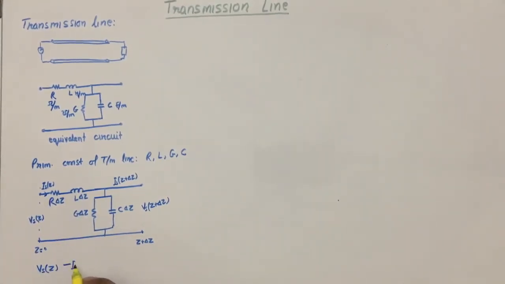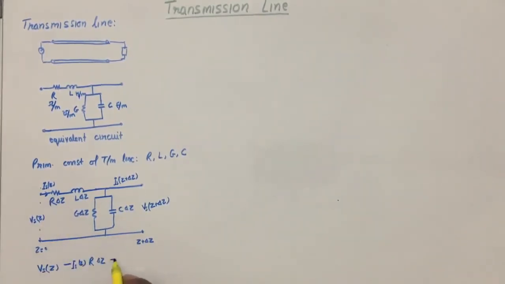So it will be minus Is(z) R delta z, the voltage drop across that, and the voltage drop across j omega L delta z, where omega is the frequency.